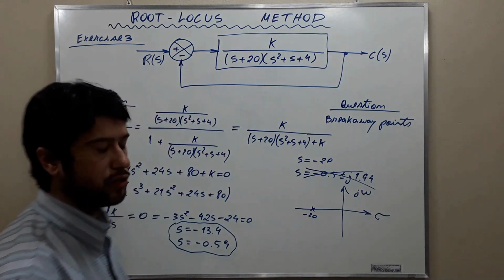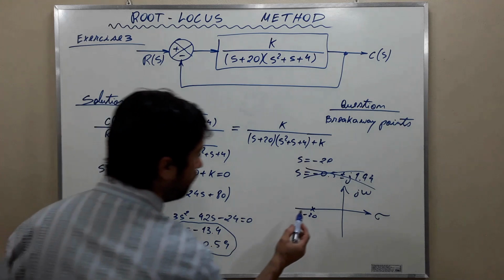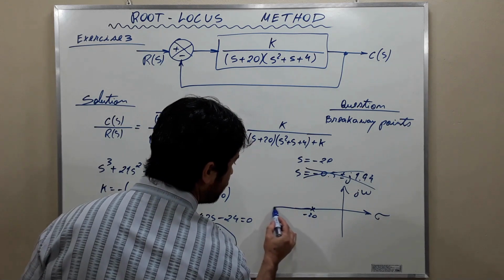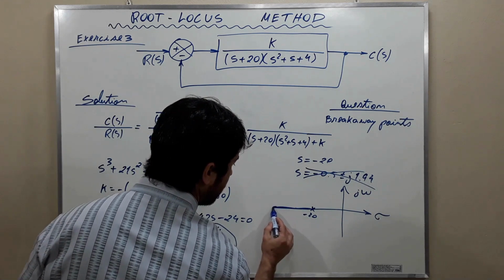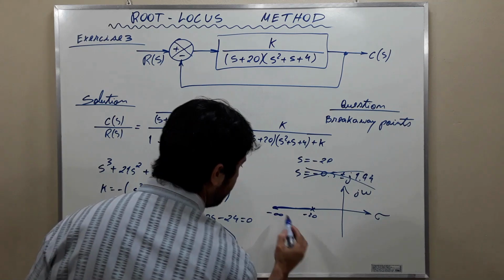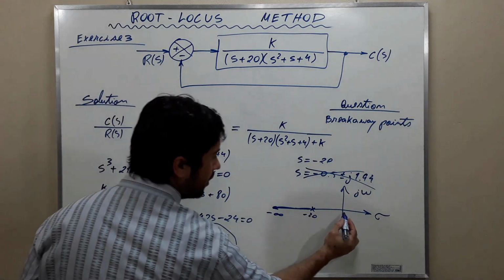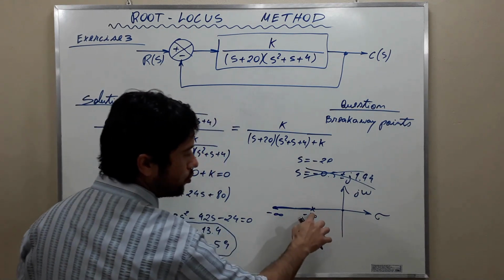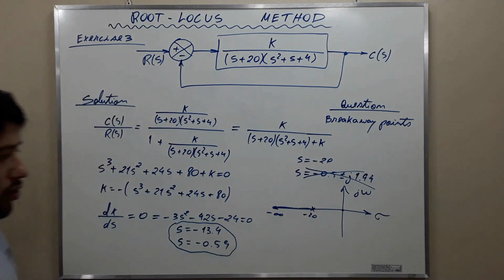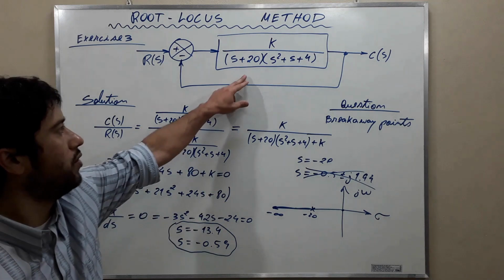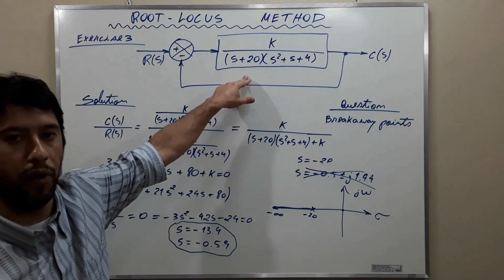The root locus on the real axis will be from minus 20 all the way to negative infinity. This part here, from 0 to minus 20, does not belong to the root locus of the system described by this block diagram.